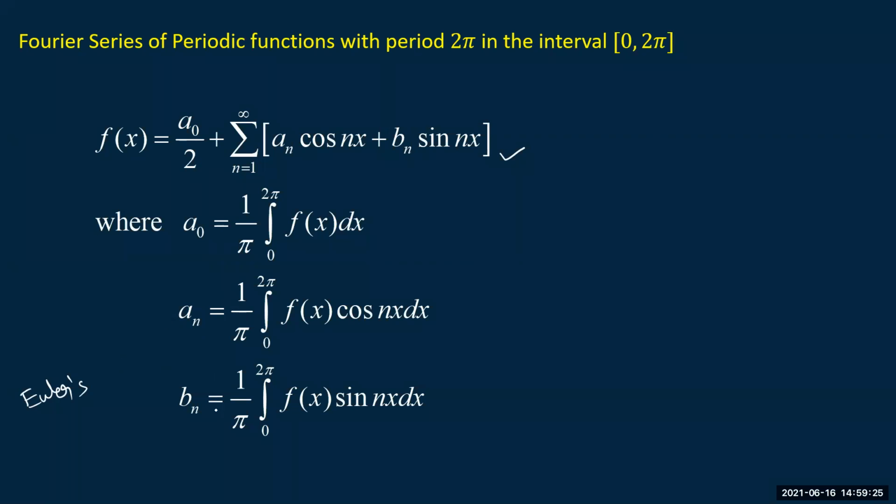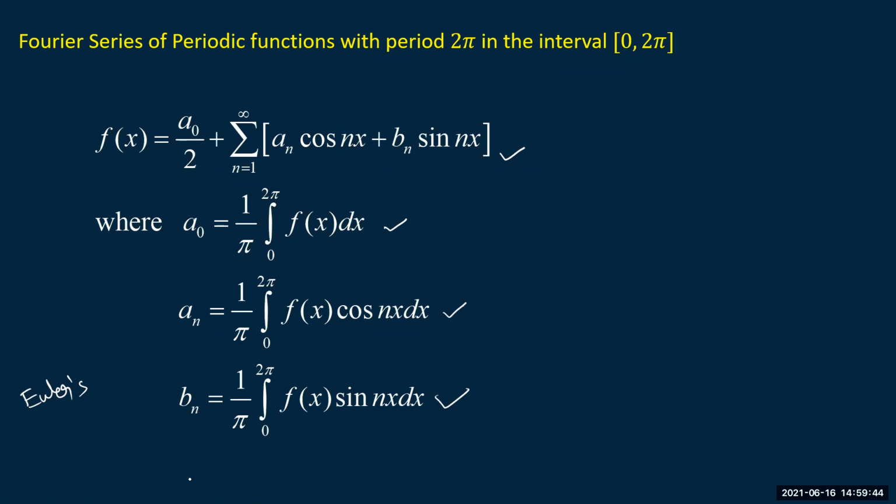So we call these three Euler's formulae. Here he has given an idea to evaluate these three Fourier coefficients as certain integrals. By evaluating these three integrals, we can calculate these three Fourier coefficients.